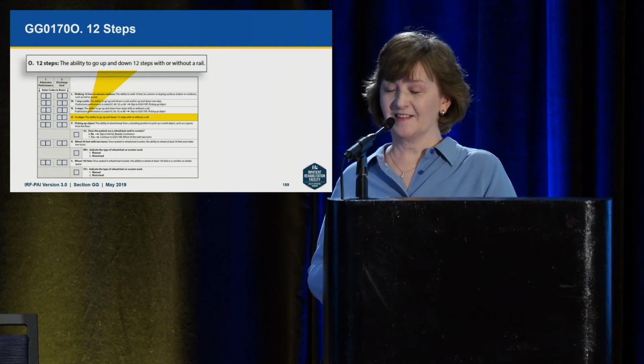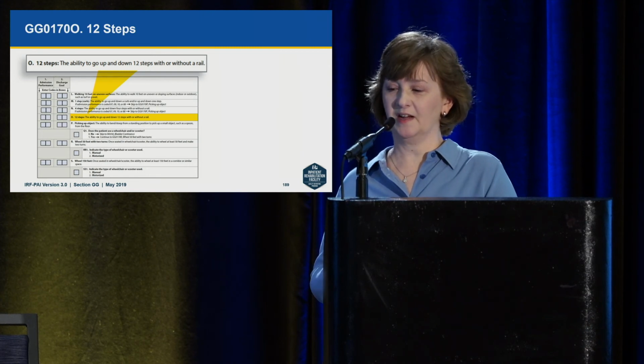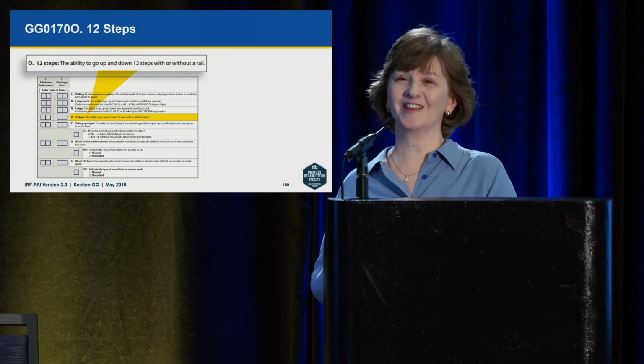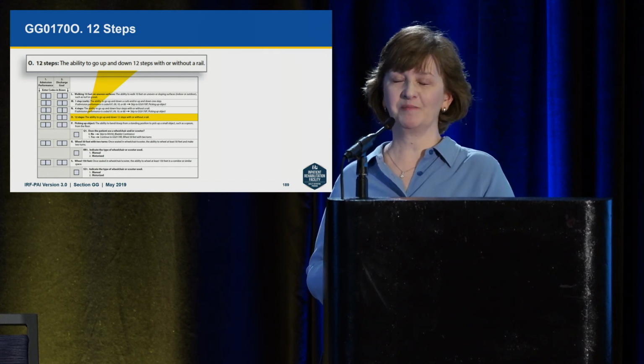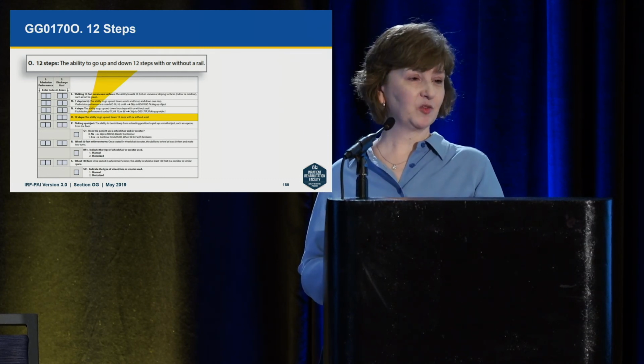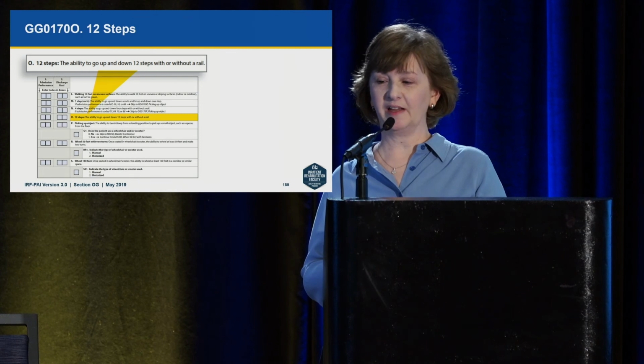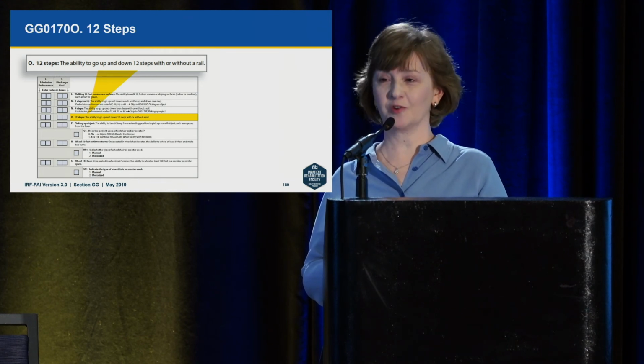Next, our last step item is 12 steps. This refers to the ability to go up and down 12 steps with or without a rail. We do get a fair number of questions about this on help desk, the most common being, what if we don't have 12 steps to have the patient go up and down? Are we able to basically simulate it by going up and down 4 steps 3 times?